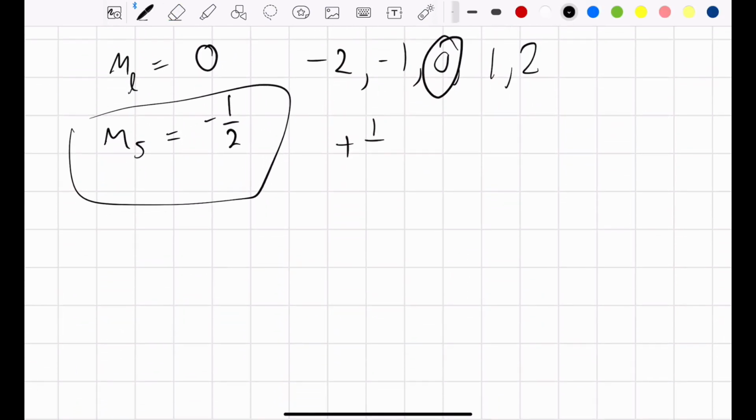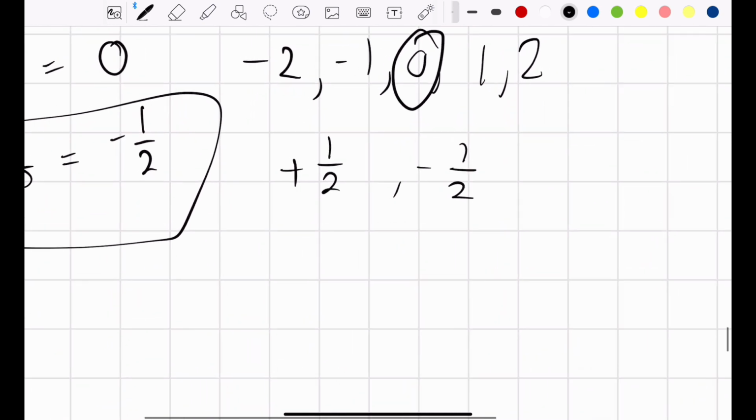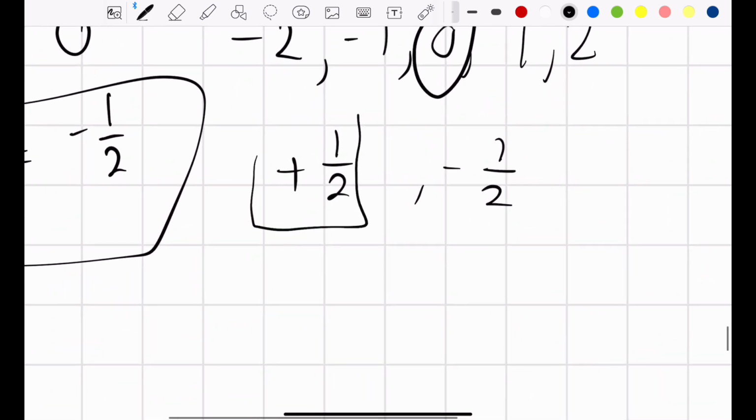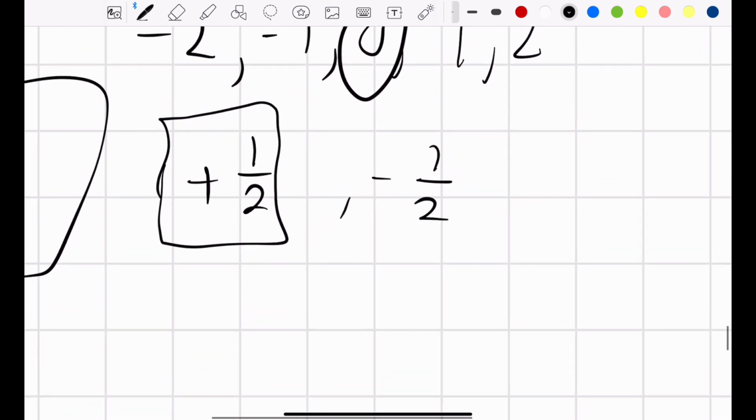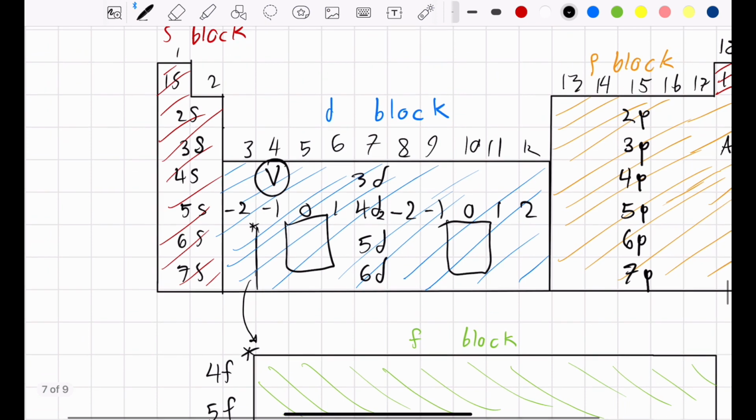So we fill them first with positive 1/2, then negative 1/2 spin electrons. To be honest, it really doesn't matter which spin you start with. But usually you're going to be writing the positive number first and then filling the orbitals, pairing them then with the negative spins. So we first start with positive spin.